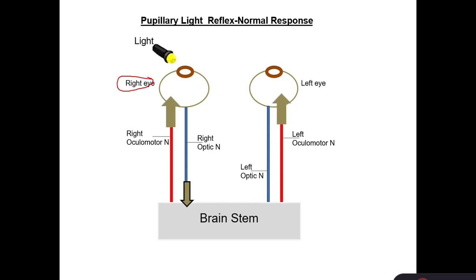The oculomotor nerves give the signal to both pupils, leading to their constriction. So this is the normal response. When you shine the light in the pupil of one eye, both pupils constrict.